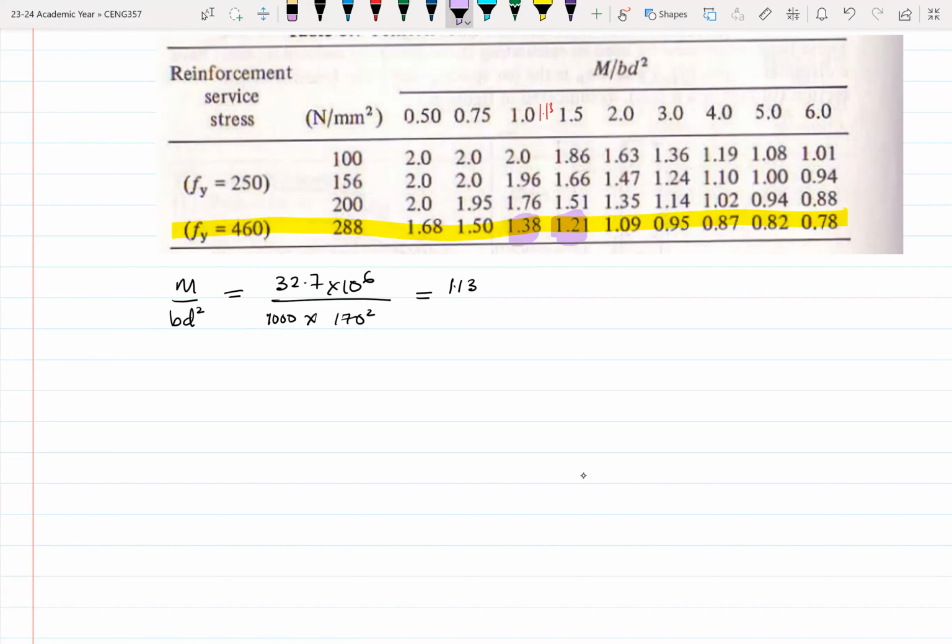All right, so we use linear interpolation. I have described that extensively in previous lectures, so I won't do that over here. If you find that, you would realize that your modification factor, MF, will be 1.34. So now let's see if what we did earlier makes sense.